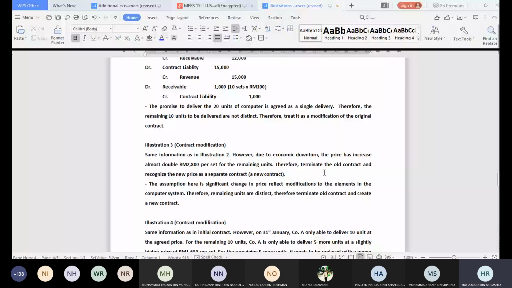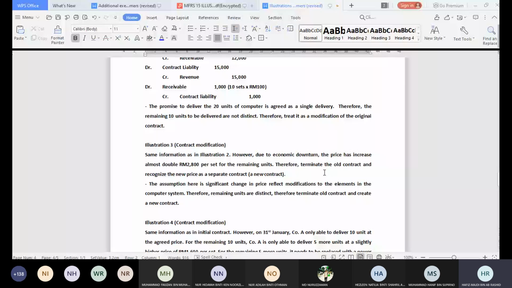If there is no additional unit, or they are not reflecting standalone prices, then you will go to no. If it's yes, it means there is an additional unit request, the additional units are distinct, and the price is also a standalone price.